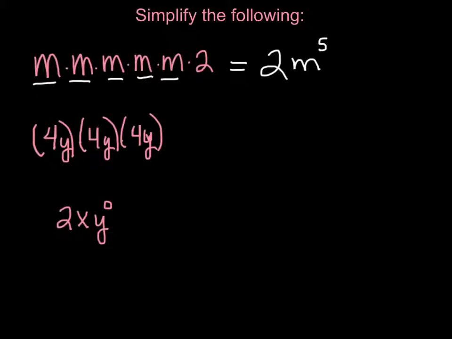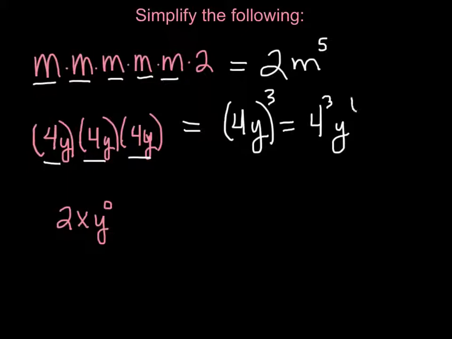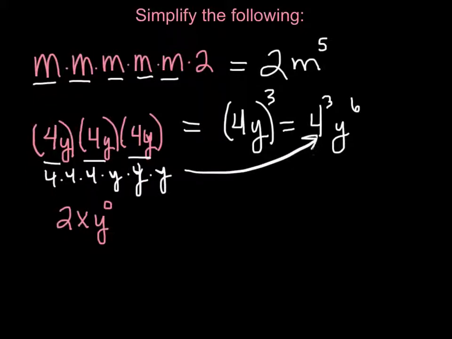I've got 4y times 4y times 4y, and if we're going to simplify this, writing it using exponents, it's going to be 4y to the 3rd. Or, if you like this better, 4 to the 3rd, y to the 3rd, because we could put all the 4's together. 4 times 4 times 4 times y times y times y, and we could end up with 4 to the 3rd, y to the 3rd, not y to the 6th. Sorry about that.